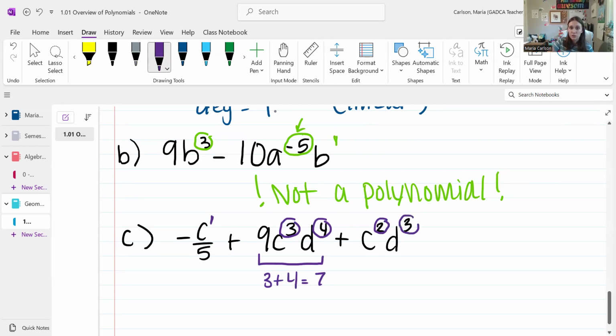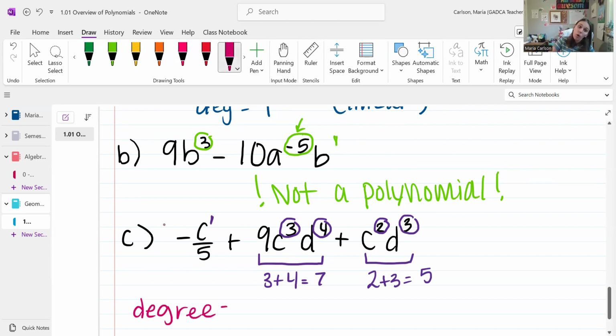So I have an exponent of 2 and an exponent of 3, which combine together to give the whole term an exponent of 5. So if I want to know what the degree of this polynomial is, the highest exponent on one of the terms of this polynomial is 7. So the degree of this polynomial would be 7.